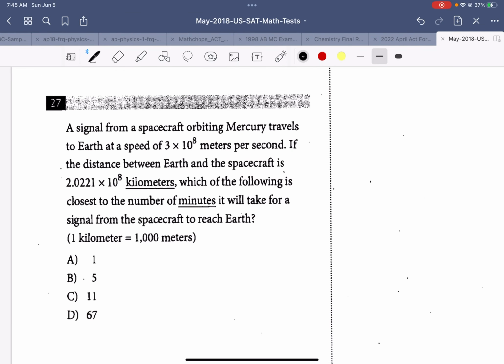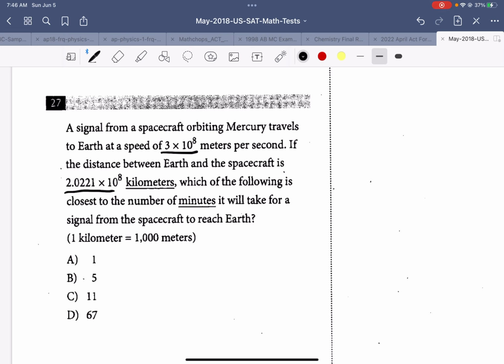A signal from a spacecraft orbiting Mercury travels to Earth at a speed of 3 times 10 to the 8 meters per second. The distance between Earth and the spacecraft is this many kilometers. Which of the following is closest to the number of minutes it will take for the signal from the spacecraft to reach Earth?